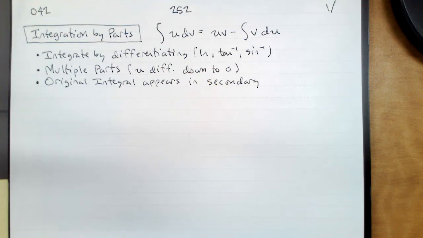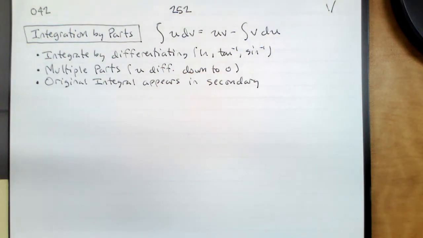And a similar thing happens with inverse sine. The derivative of inverse sine is 1 over the square root of 1 minus x squared. So we don't get a rational function, but we do get a radical function. And that's a big shift in what's being represented in our integrals. We go from an inverse trig function to an algebraic function. So that's one of the cool tricks of integration by parts.